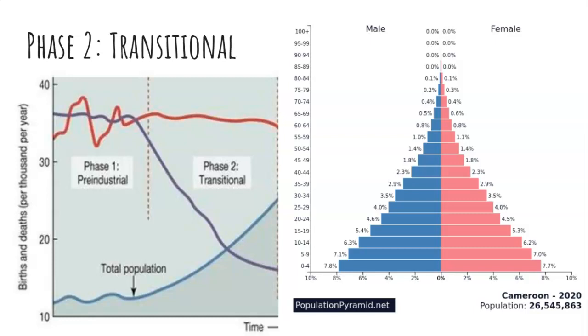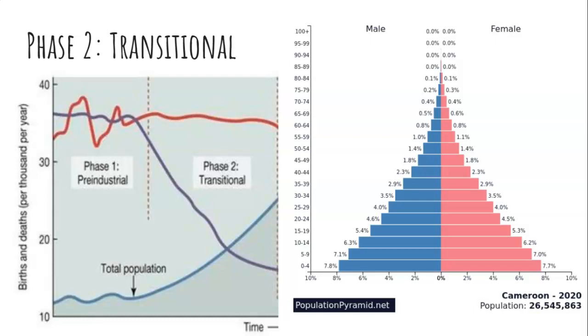These were the first countries that really moved into stage 2. They became much more industrialized. Fewer people were needed to work on farms, and more people were needed to work in small manufacturing.